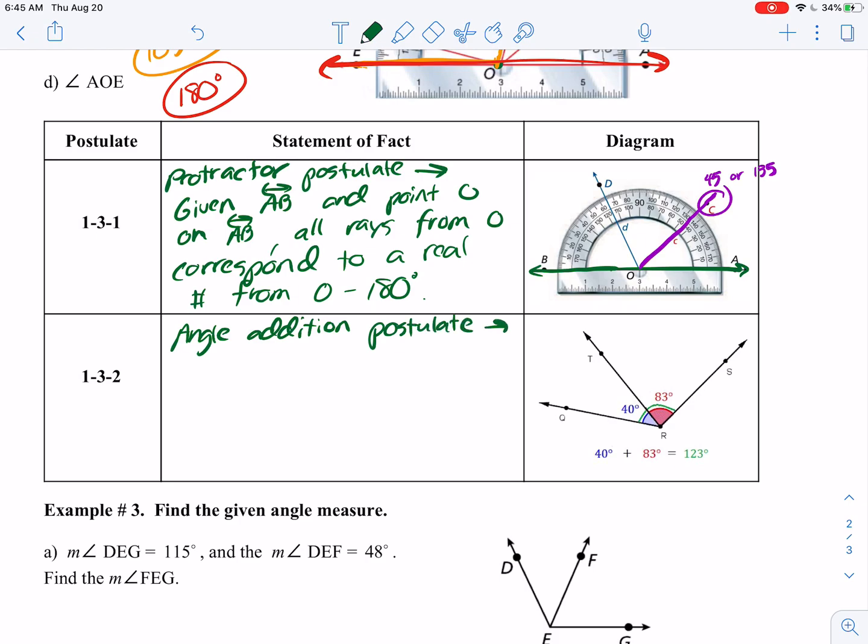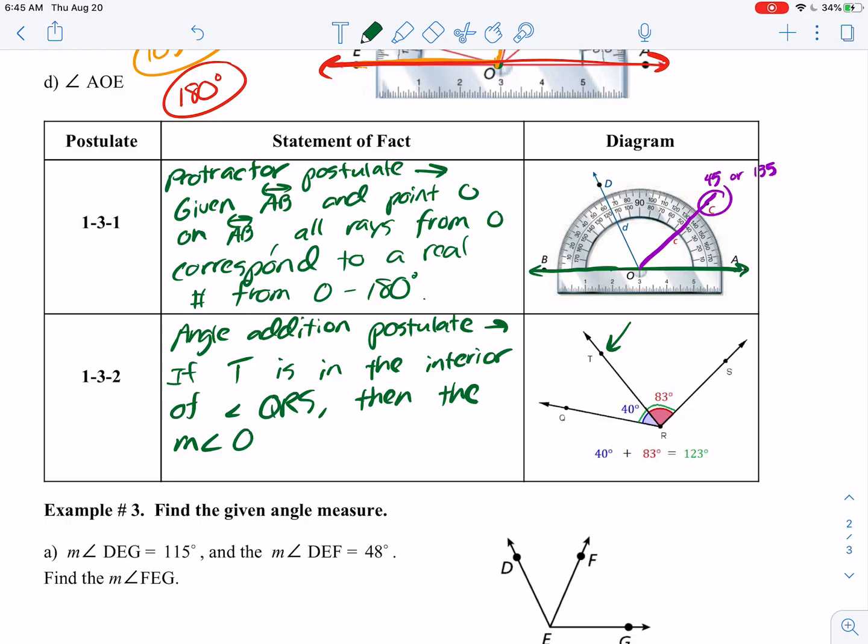Angle addition postulate states if T, we're looking at T right here in this diagram, is in the interior of angle QRS, then, if I ever use this lowercase m, it just stands for measure, the measure of angle QRT plus the measure of angle TRS equals the measure of that whole angle QRS.